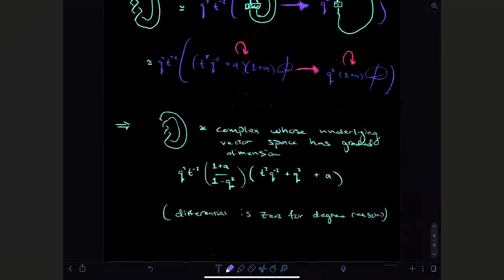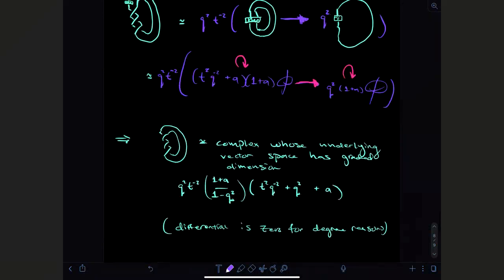Now we can simplify each of these terms further. 2 applications of this Markov move for symmetrizers produces that factor. 1 application of the Markov move for symmetrizers produces that one. And then there's some potentially mysterious differential on the result, indicated in this pinkish arrow.